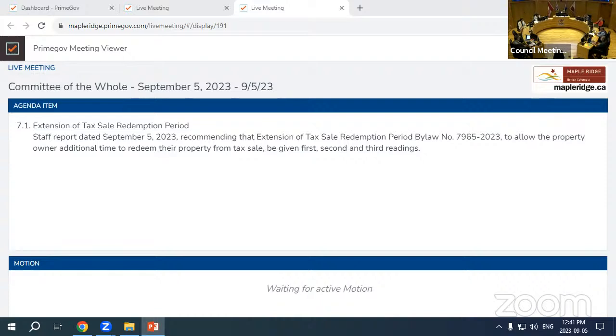A property sold at the tax sale may be redeemed by the owner within 1 year from the date of the annual tax sale by paying the total of the upset price plus accrued interest. For the property at 11655 Bernard Street, the redemption period ends October 3rd, 2023.